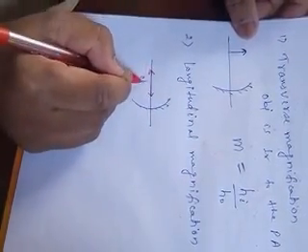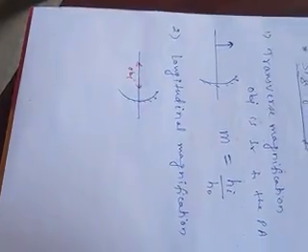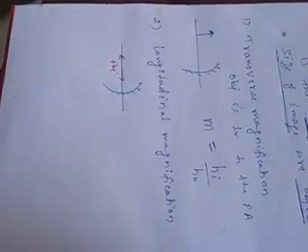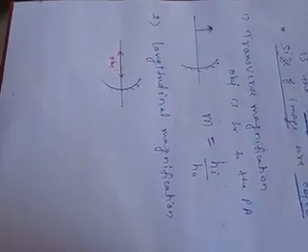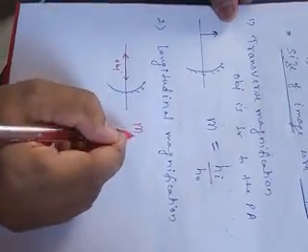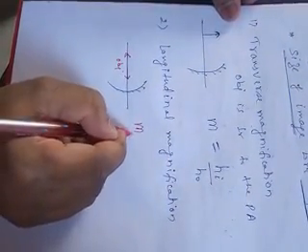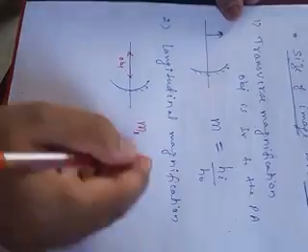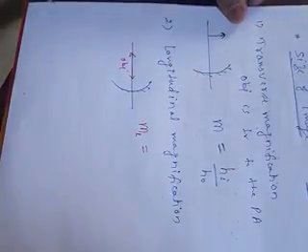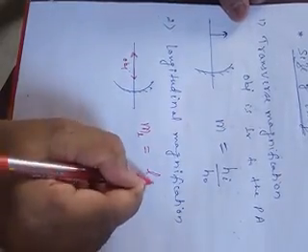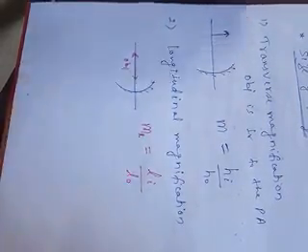If the object is lying on the principal axis, then in this case we are going to find the longitudinal magnification. So what is the longitudinal magnification? We give a small subscript L. So magnification in this case will be length of the image divided by length of the object.